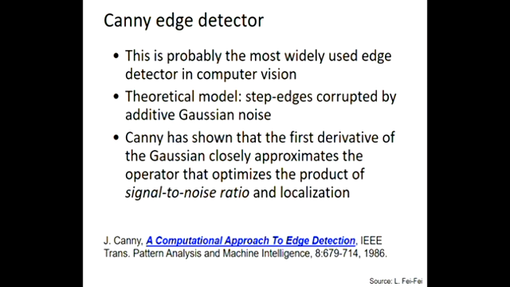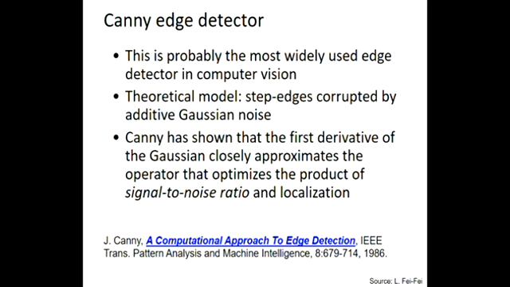So, one very famous and often used detector that encodes some of these principles is the Canny edge detector. It's probably the most widely used edge detector in computer vision, perhaps even still. The theoretical model is that you have some step edges, which means you have intensity down here, it jumps up, and then higher intensity.